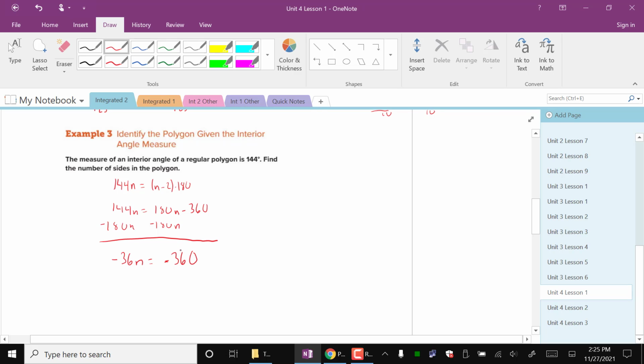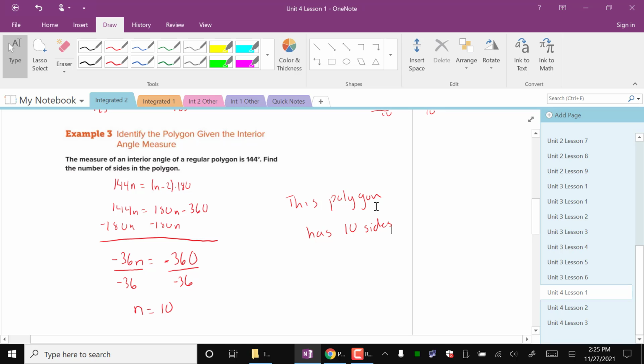Now I'm going to divide both sides by negative 36, and that'll tell me how many sides this has. It has 10 sides, known as a decagon. Think about it: deca is 10, so that's why this is known as a decagon, like decade.